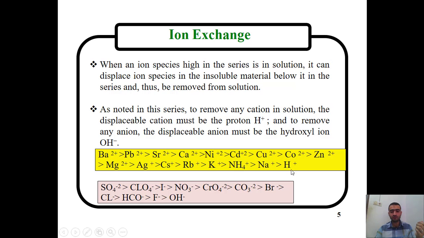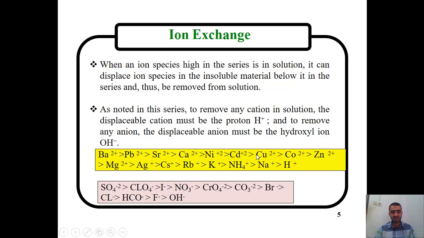So if the resin contains hydrogen or sodium, it can easily exchange with lead, barium, magnesium, and zinc, because those come at the beginning of the series, before the hydrogen. The hydrogen can replace all the cations that came before, and the further we go from hydrogen, the easier it is to make the exchange.